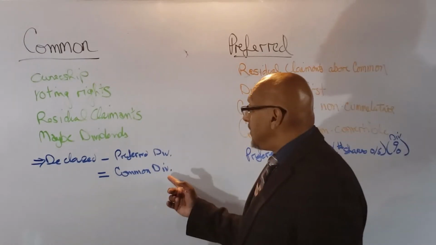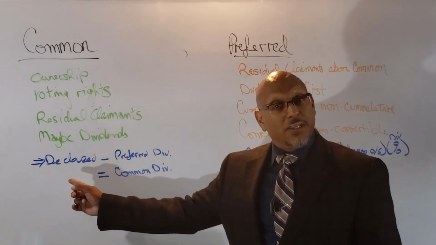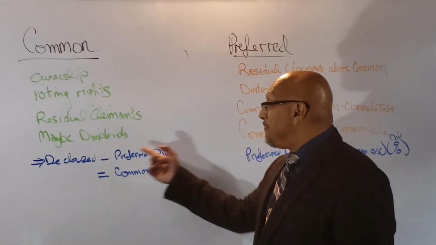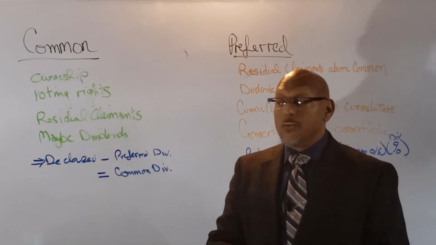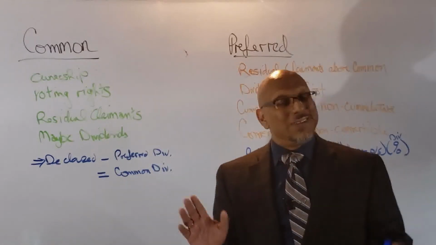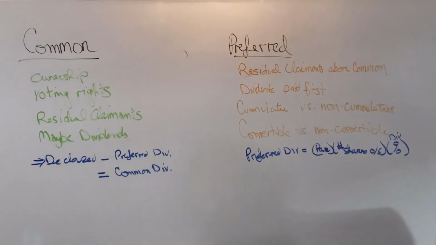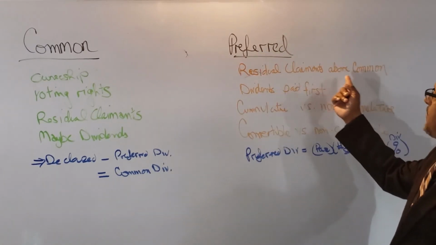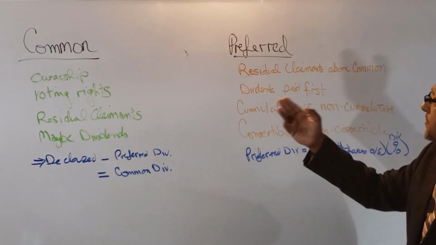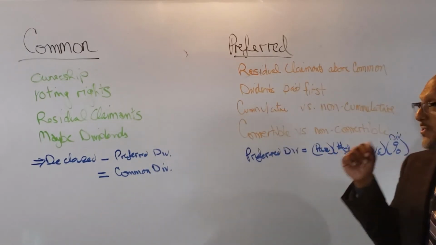Then, if there's anything left over after declaring that dividend, that amount is divided among all the common shareholders, and they get what's left over as a residual claimant. The difference is that preferred stockholders are residual claimants above the common stockholders. They get paid their dividend first.